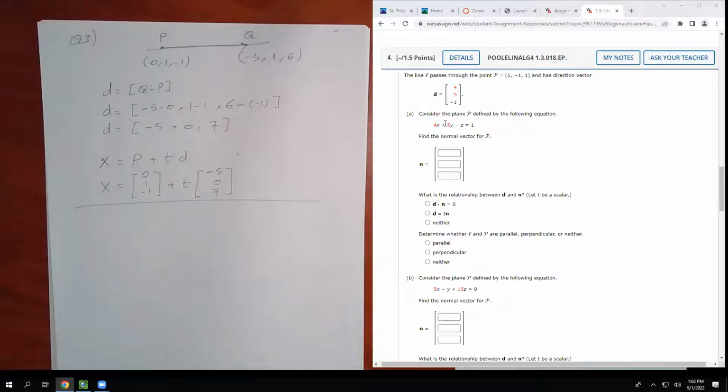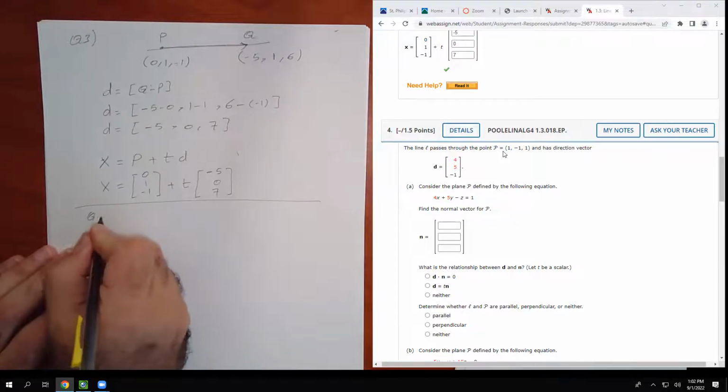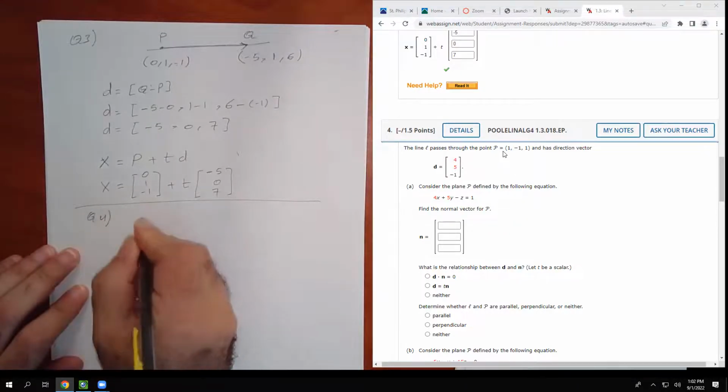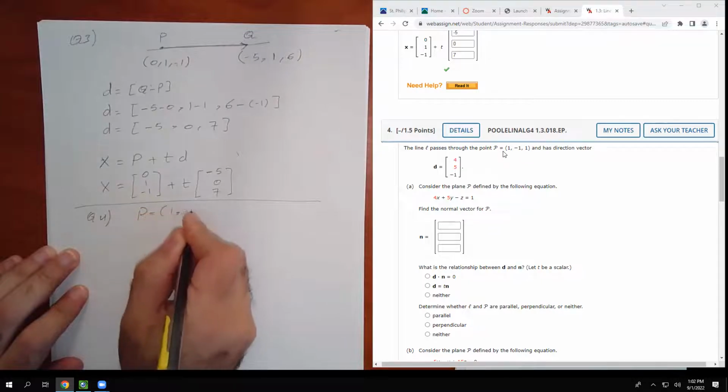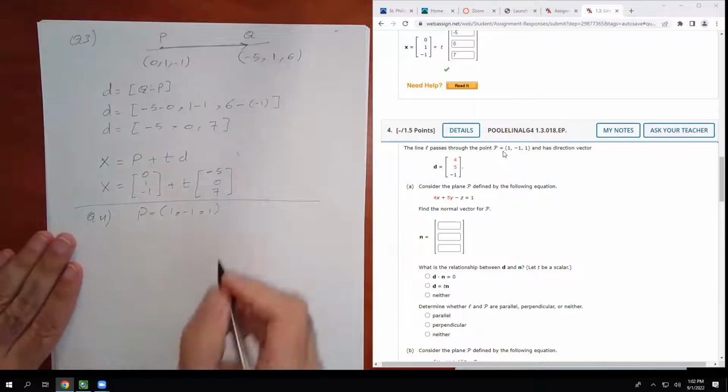The line L, I'm just looking for A, yeah. The line L passing through the point P. Write down the point. The point P is equal to 1, -1, and 1, and has direction vector.